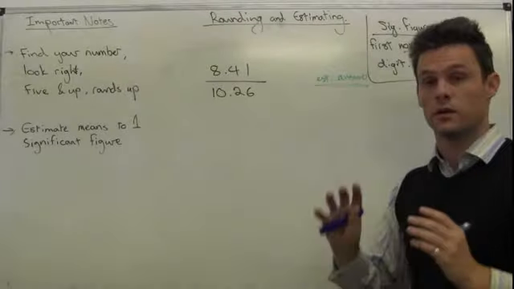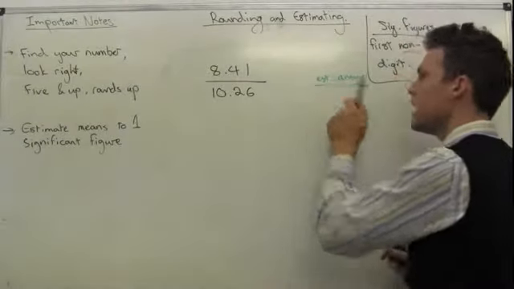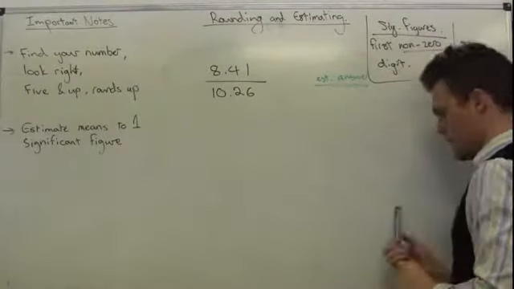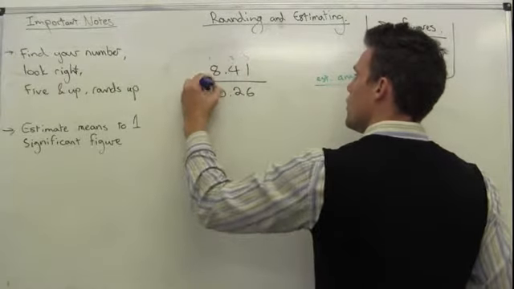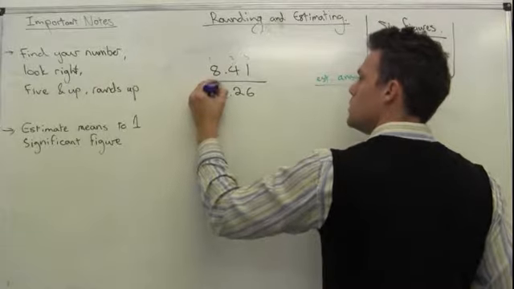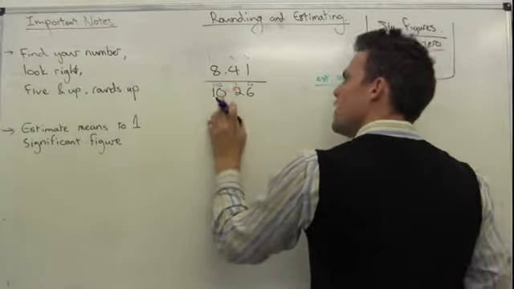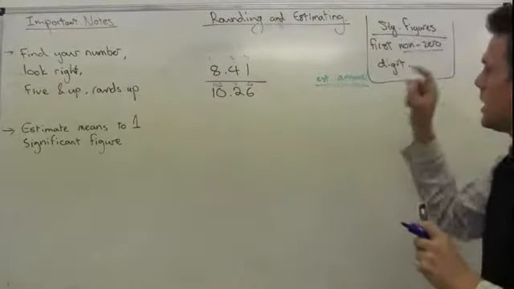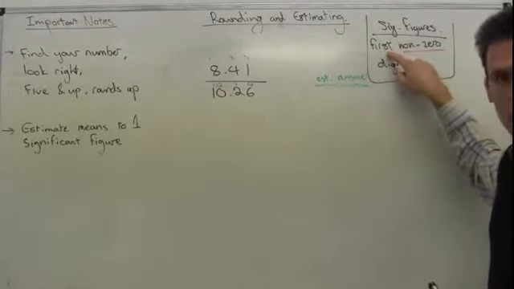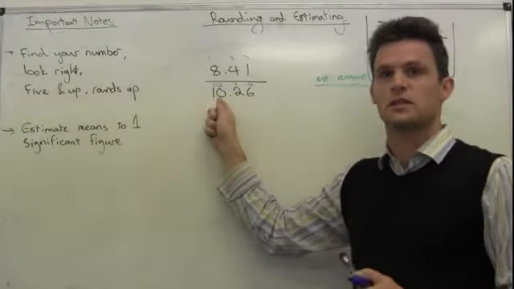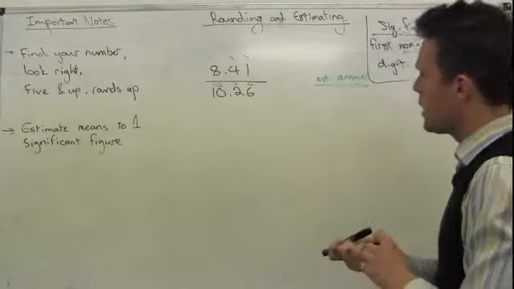Now that's quite a difficult one straight off the bat, but I'm asked to only estimate, so I want my first significant figure. So if I start numbering 1, 2, 3, 4. Now that is a 0. It is still a significant figure, second significant figure, because it's not the first one. So you can number that as a significant figure because it isn't the first one. Okay, so let's round this.